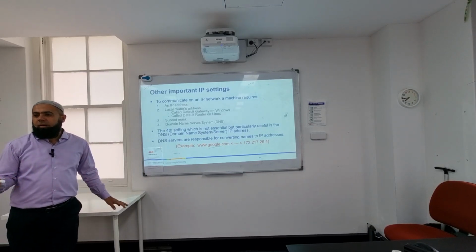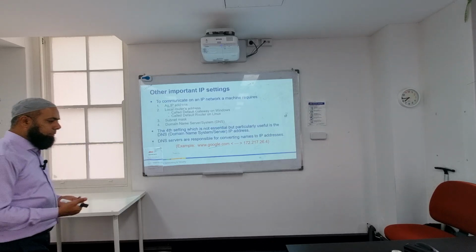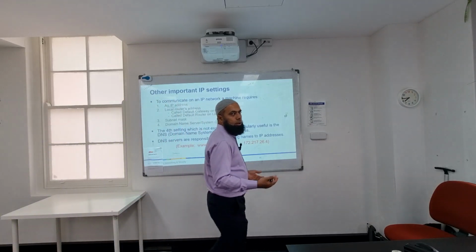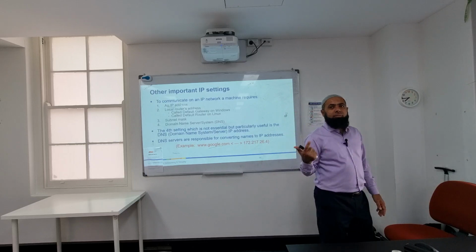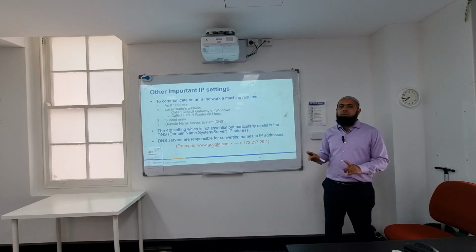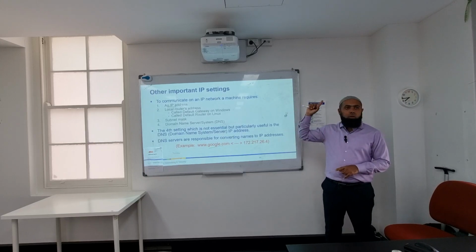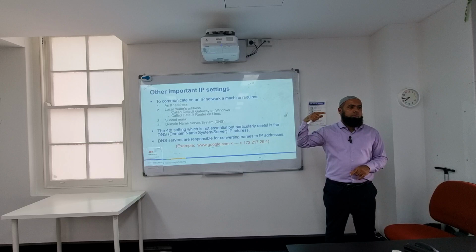For example, if I want to communicate with any network, of course, if it is my own network, I don't have to care. I'm pretty sure that this is my network, so I don't have any problem locating it. But if I want to communicate with some other server or network, what do I need? IP address and the router's address.